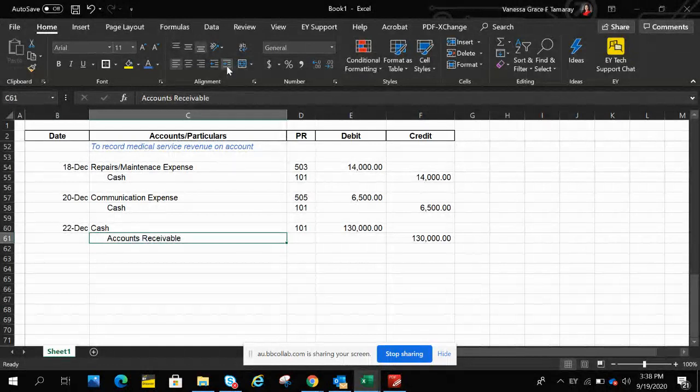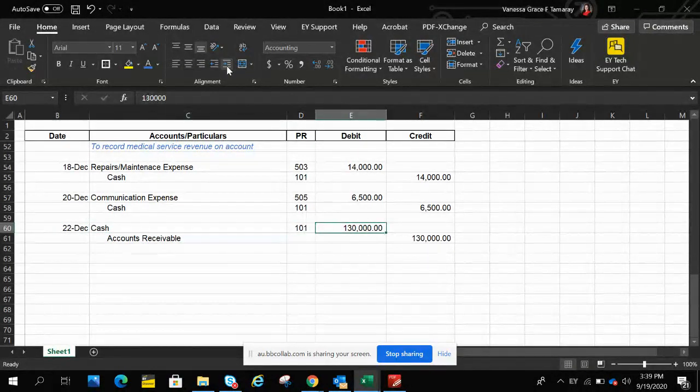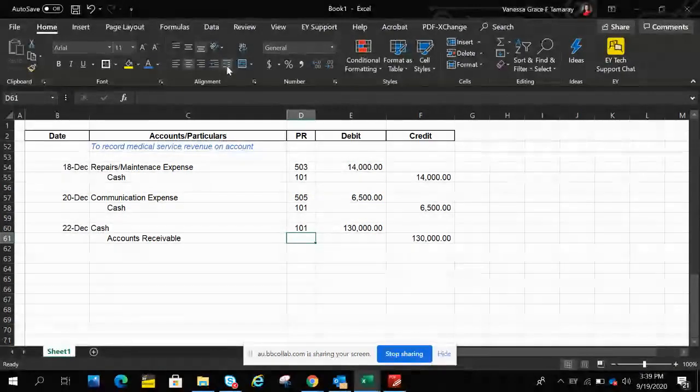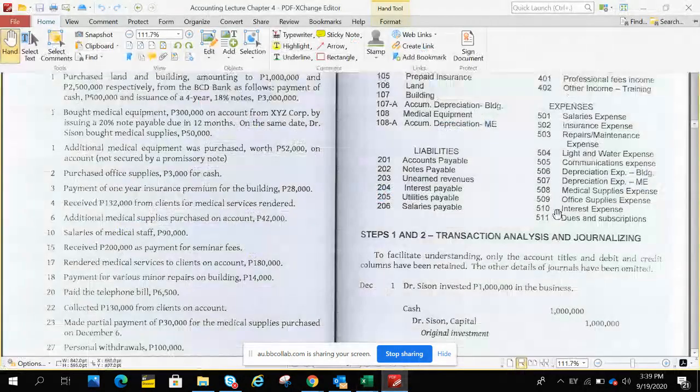So again, cash because we have collected total of 130,000 pesos. And credit accounts receivable because we have to decrease or reduce our accounts receivable. Kasi hindi na natin matatanggap yung in the future. Natanggap mo na nga eh. Di bawasan natin. And that is the account number.